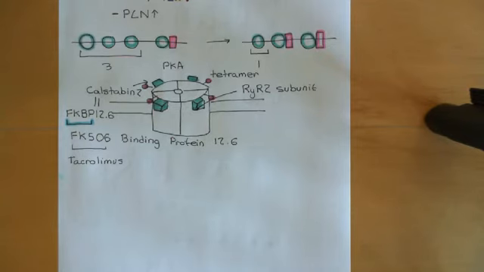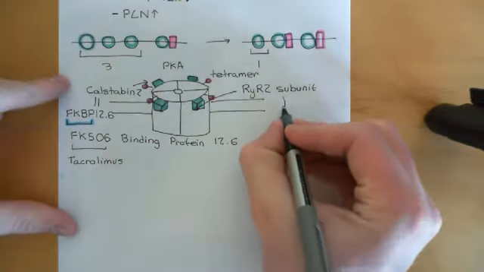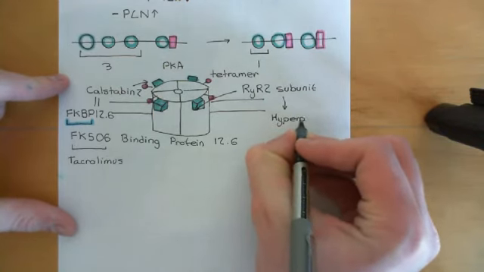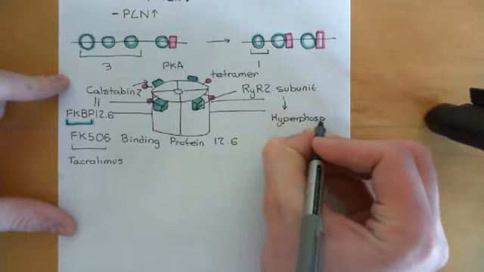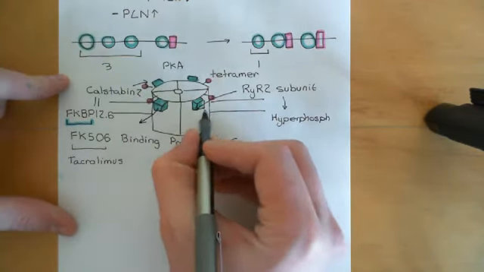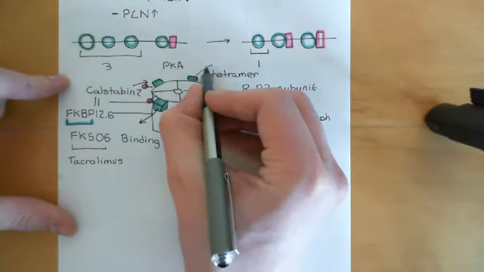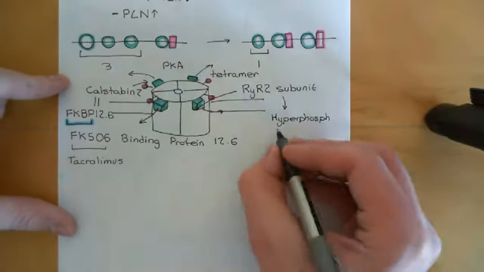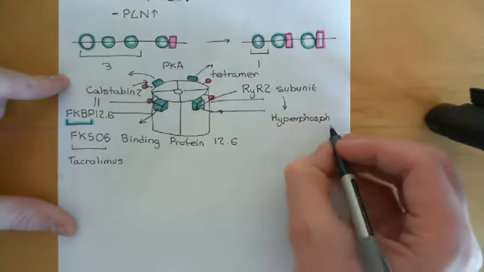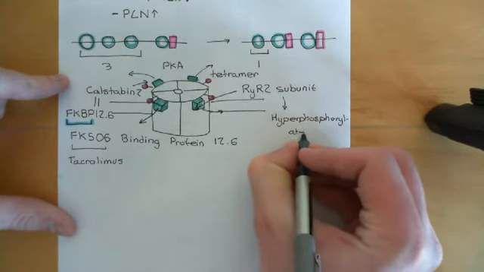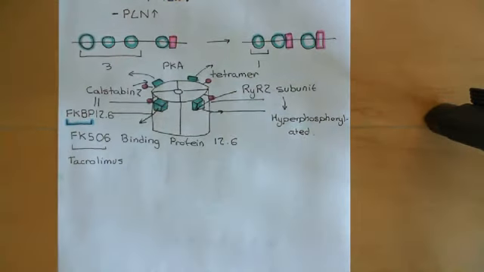The problem with hyperphosphorylation is believed to be that it causes the calstabin 2 proteins to dissociate. So all of these calstabin 2 proteins, or the FKBP 12.6 proteins, dissociate off.